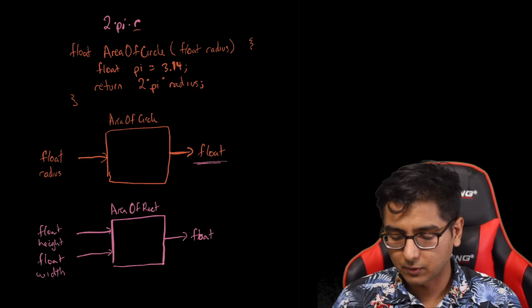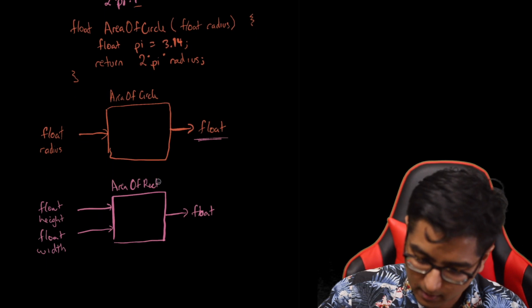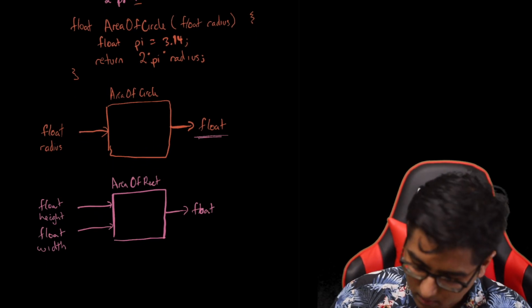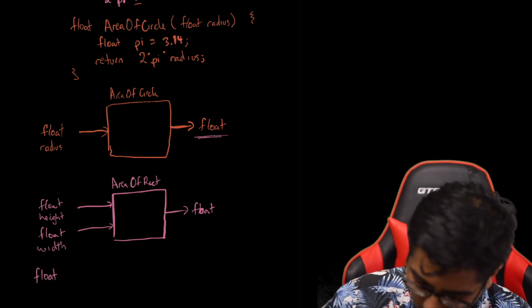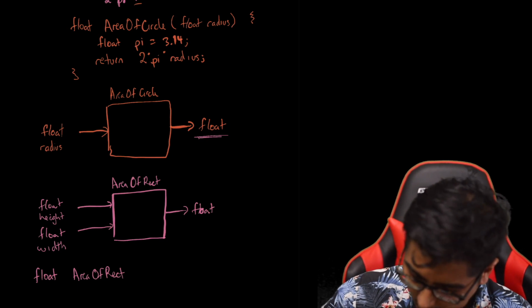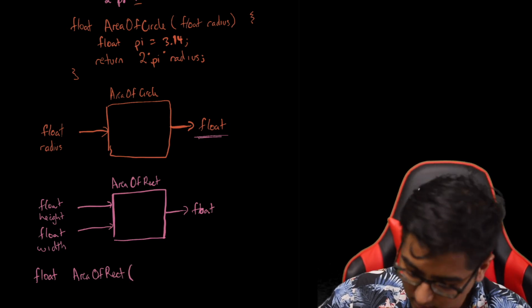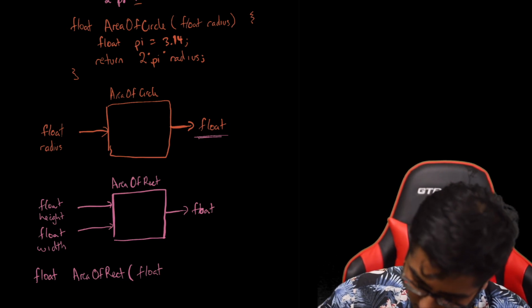So the syntax for describing a unit of work that will do the following will end up looking like this. So the output is a float, so we always write that first. The name is called area of rect. And now the inputs are going to be, the first one will be a float named height.